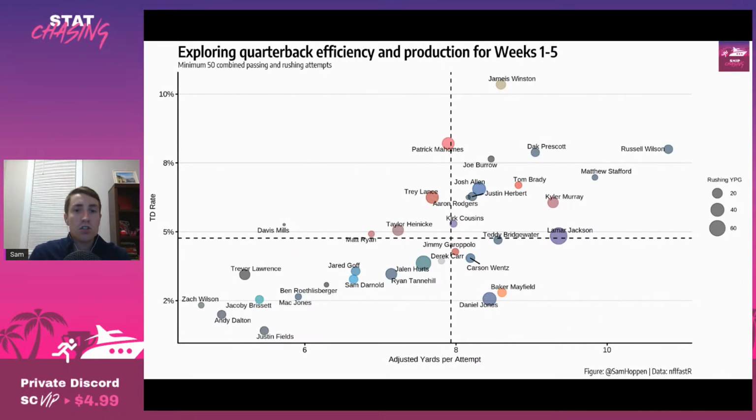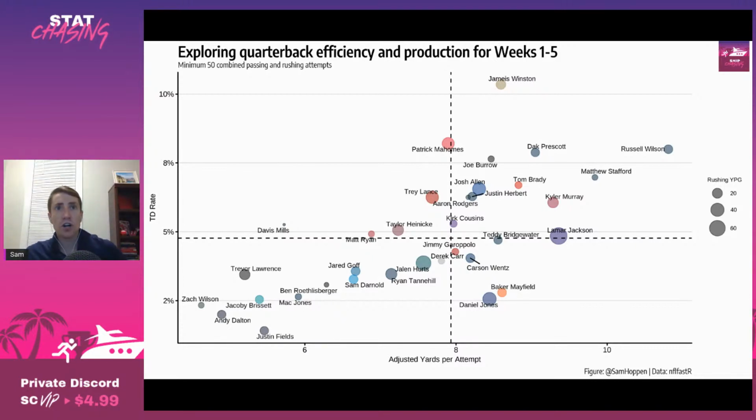And so this is showing adjusted yards per attempt on the x-axis, touchdown rate on the y-axis, and then the size of a quarterback's bubble is his rushing yards per game. Primarily looking for efficiency here because quarterbacks can throw the ball a ton, for example, Trevor Lawrence, but not have a ton of efficiency and thus not be great options for fantasy football.